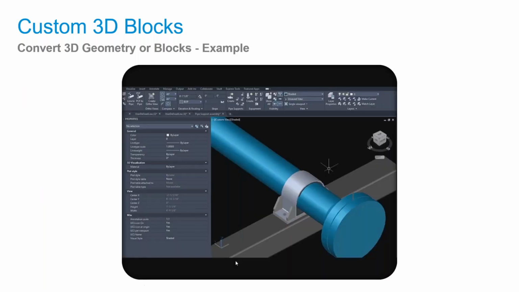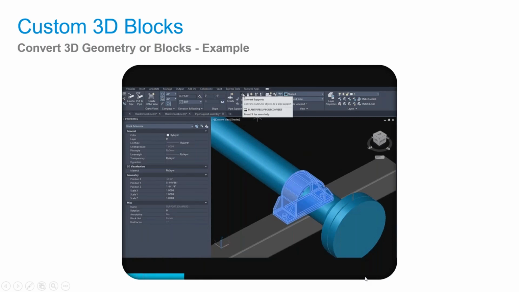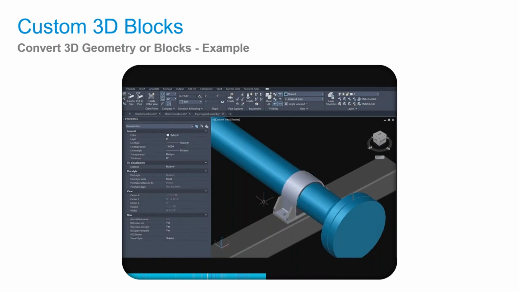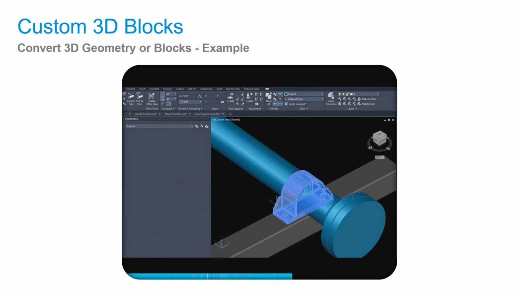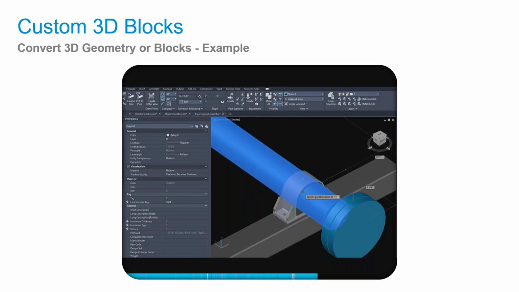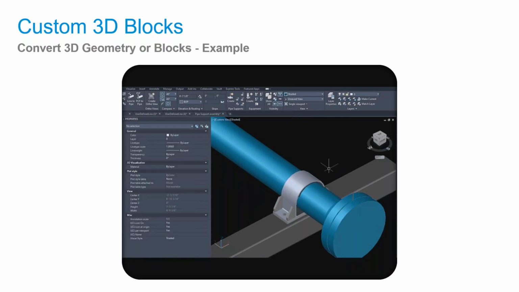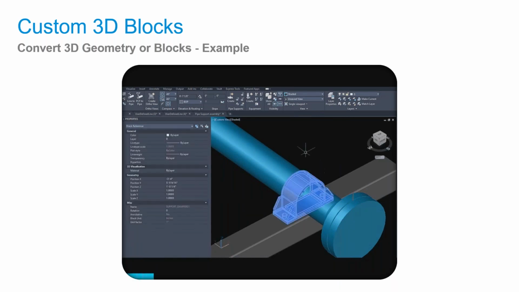So this is supposed to be a video. Let's see. So here, as you see, there's a block. It's an AutoCAD block, and somebody converts it into a pipe support. You see from the handles that first it was an AutoCAD block, and now it's really a Plant 3D support object.